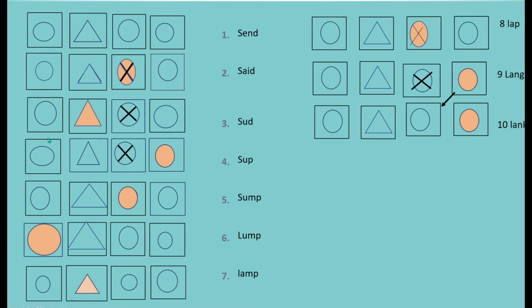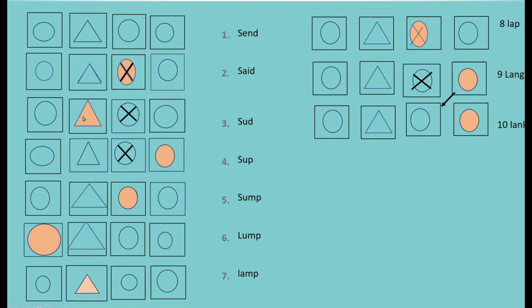Then we have the word sud. S, d. Again, these 2 sounds are the same. Matter of fact, send, said, sud, all end with the d sound. That 3rd sound is still missing though. And the 2nd sound changed.